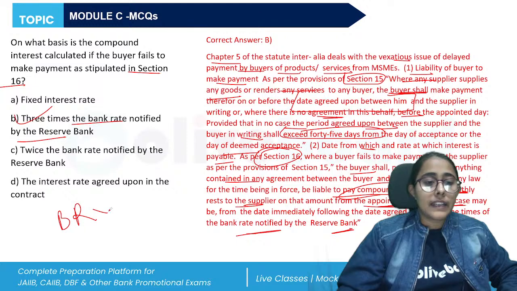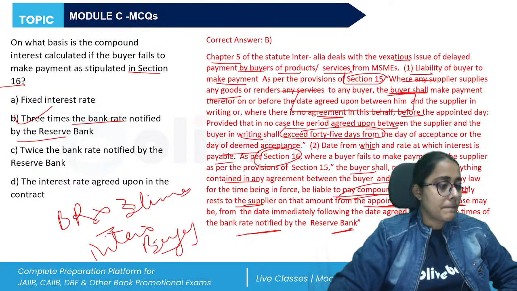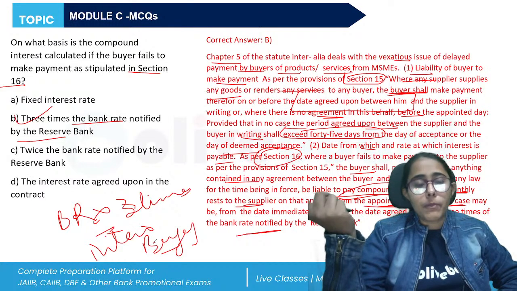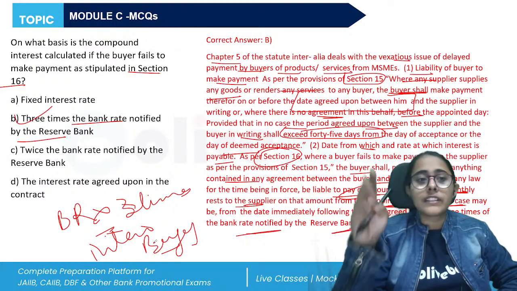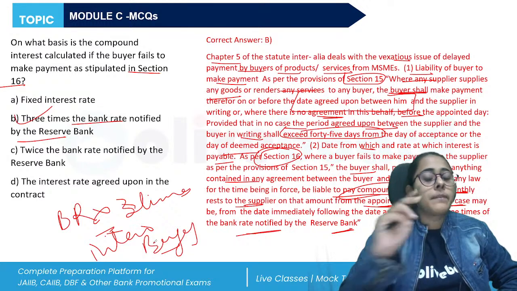So 3 times the bank rate will be paid as the compound interest by the buyer in case they delay the payment. Here you need to very quickly connect it to the TREDS platform, and how the TREDS platform is solving this problem of delayed payments. Alright, so the correct answer is option B.